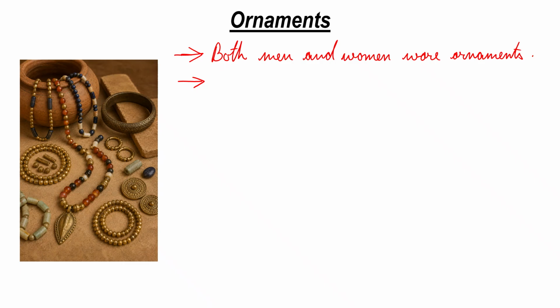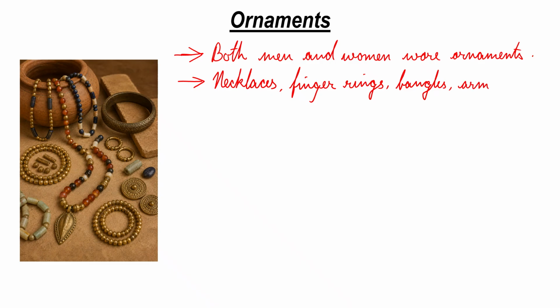So what kind of ornaments were there? Mainly necklaces. Then we had finger rings. We also had bangles. Kalibangan was famous for bangles. Armlets were just like bangles worn above the elbow.